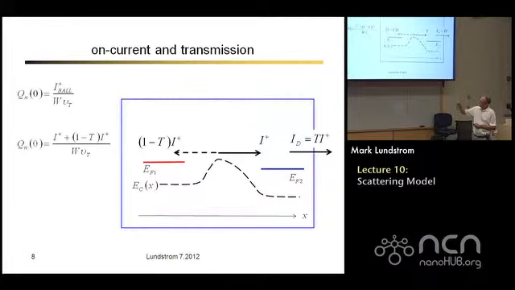Now, MOS electrostatics is going to demand that those two Qs be the same, whether I'm ballistic or diffusive. It doesn't care what's going on. The Poisson equation just wants the charge to balance. So I can equate the first two equations, and I can solve for I plus in the presence of scattering, and I can relate it to I plus in the ballistic case.